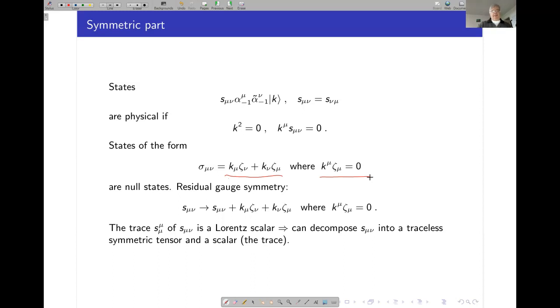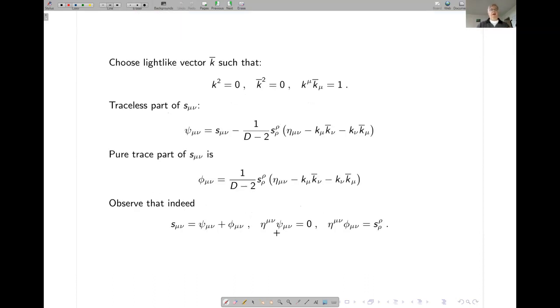Now, to proceed, we observe that the symmetric tensor is still reducible under Lorentz transformations because the Minkowski metric is a Lorentz invariant tensor. Therefore, we can form the trace of a symmetric tensor and obtain a Lorentz scalar, which we have to separate out. I gave you explicit formulas for how this can be done upon choosing an auxiliary light-like vector, which is determined by its scale, essentially by its scalar product with the momentum vector.